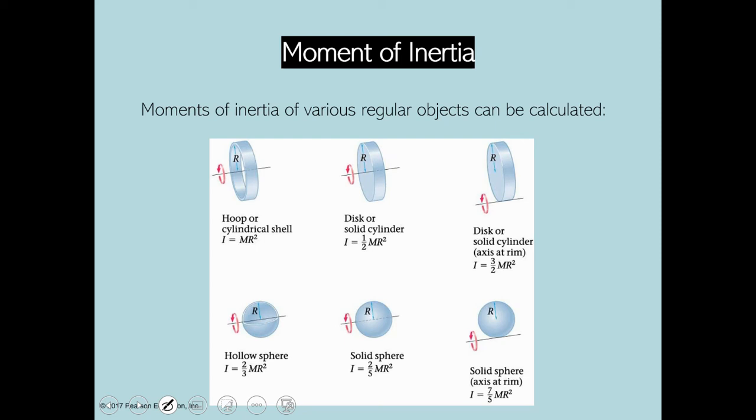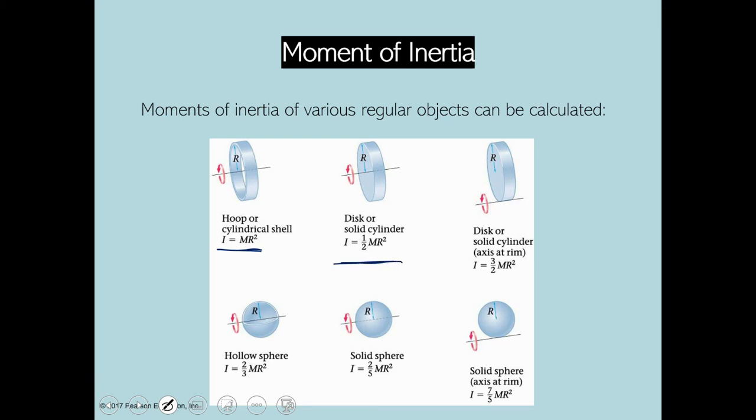The shape of any rotating object is going to affect its moment of inertia. And here I've included a few shapes that might rotate and the formulas you would use to find the moment of inertia. So here we see a hoop, and it's I equals mr squared.